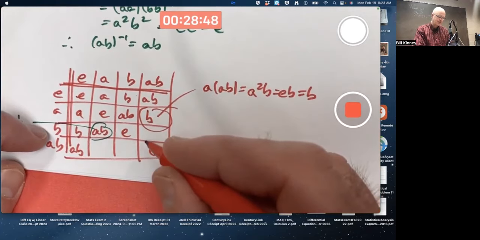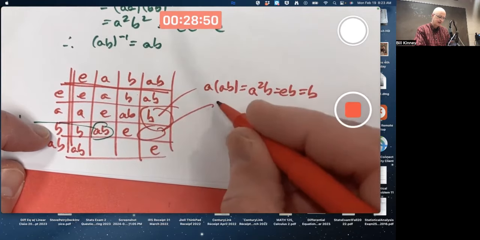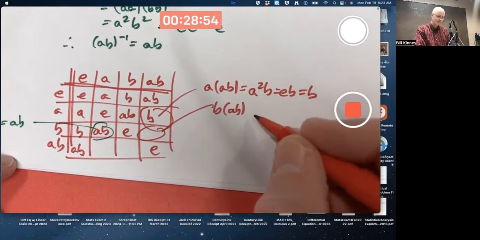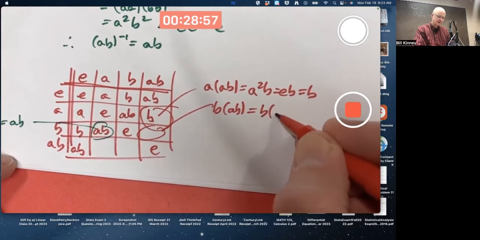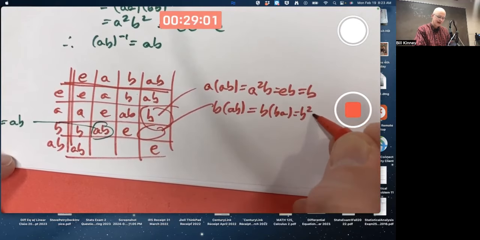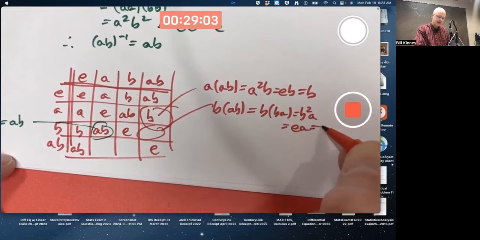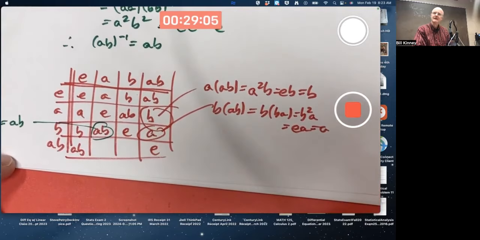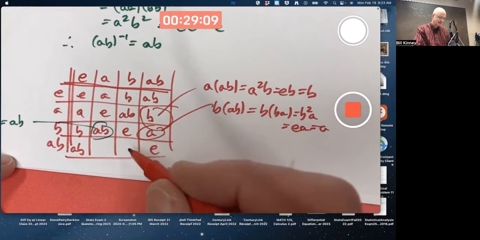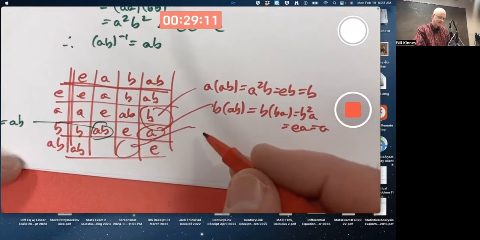What goes here? What about B times AB? Again, A and B commute. Use it. So this is B squared times A. E times A is A. Two left. Try this one next.